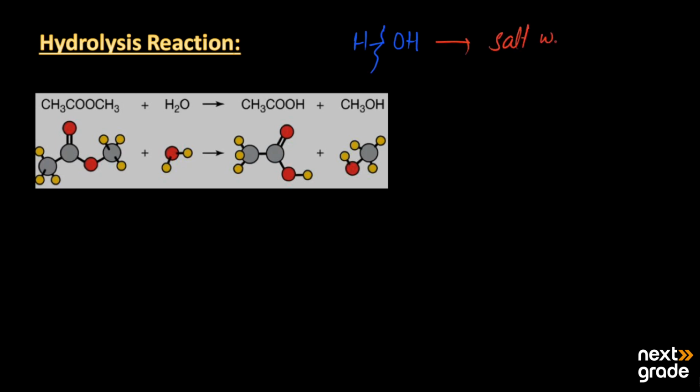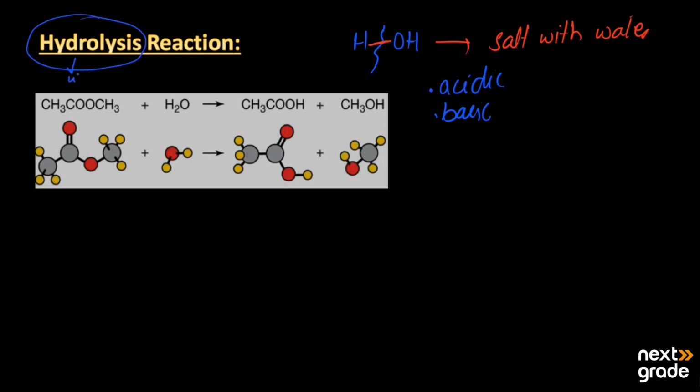When any salt reacts with water, the bond between hydrogen and the hydroxyl group of water just breaks down. So when a simple salt is added into water, the solution may become basic or acidic. The two types of solution that will form are acidic or basic. This is just due to the hydrolysis reaction.